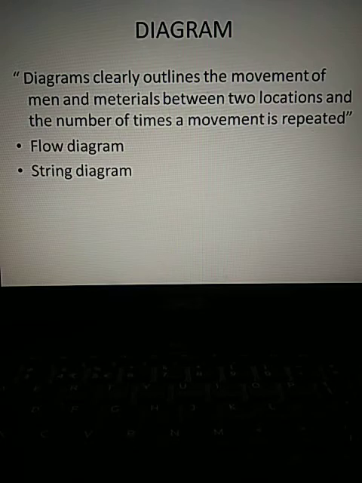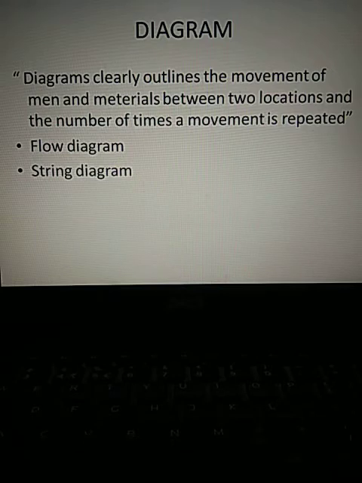As far as diagrams are concerned, there are two types. One is called flow diagrams and one more is the string diagram. Under flow diagrams, you will understand what the movement is from the raw material stage to the finishing stage of the product.